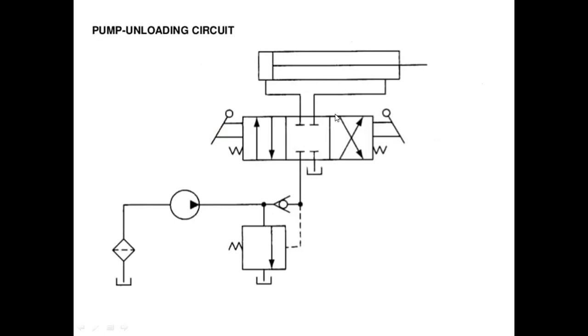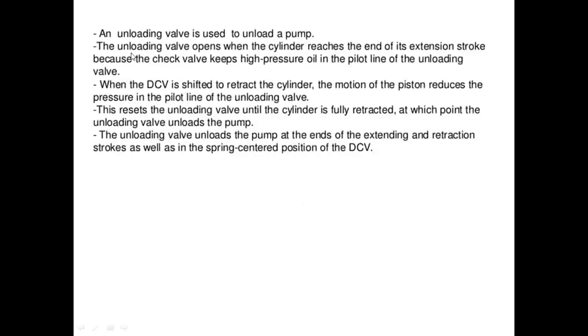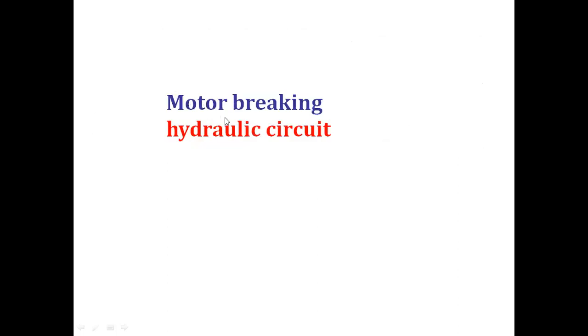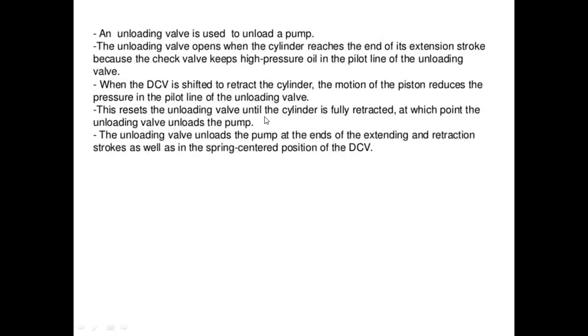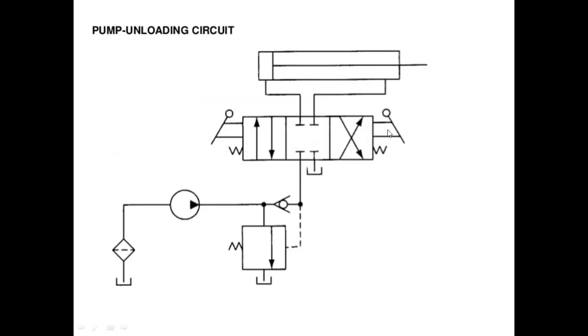After the extension position, the pressure increases here. When the DCV is shifted to retract the cylinder, the motion of the piston reduces the pressure in the pilot line of the unloading valve. See, this position is shifted to right.